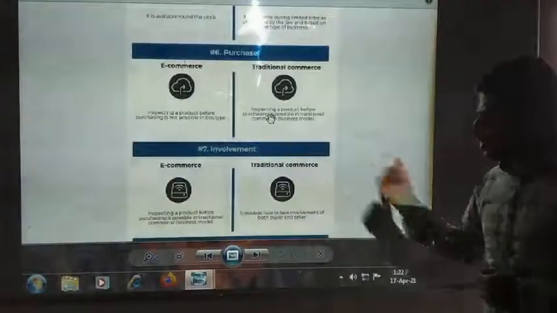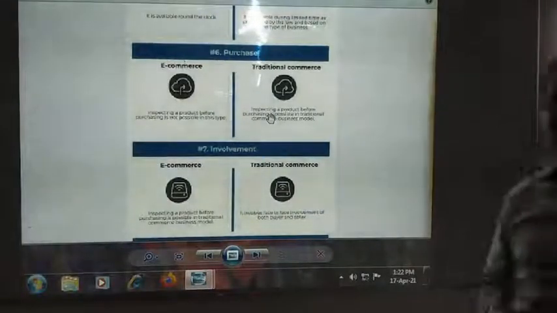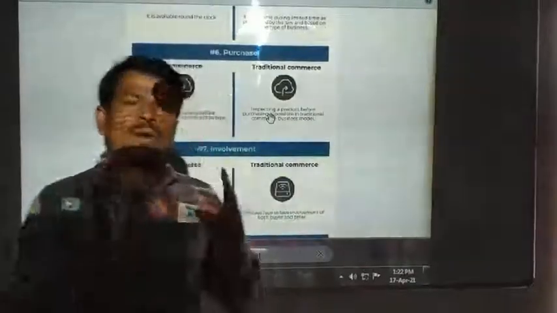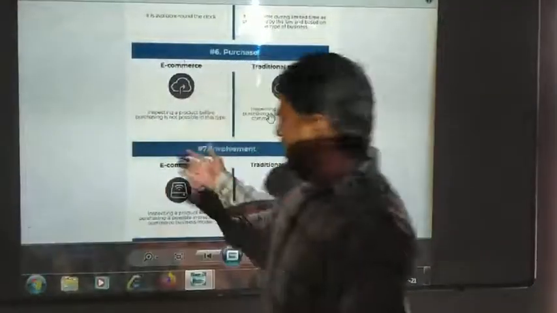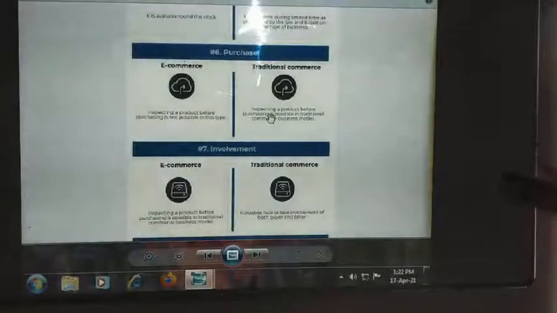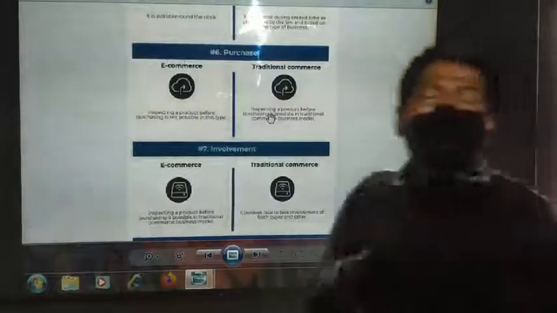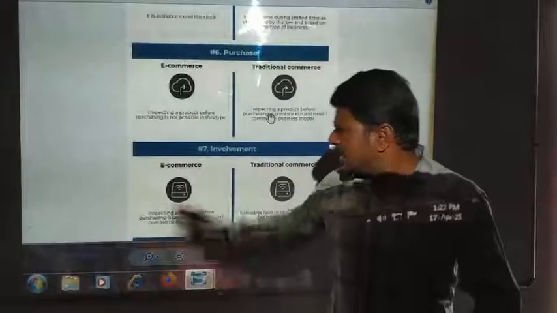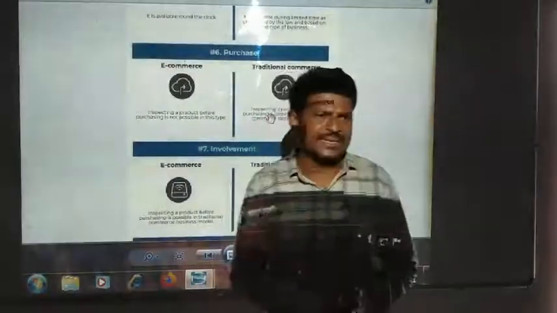If we talk about involvement, what is it? The customer involvement to buy a product. So here the involvement of the customer is inspecting a product before purchasing, which is possible in traditional commerce business only, means here the person is not able to involve directly in an e-commerce business.